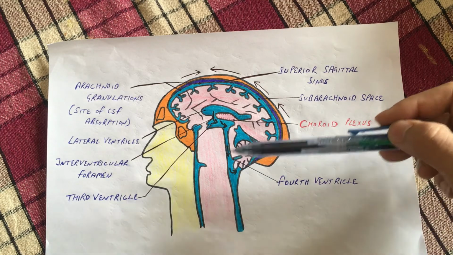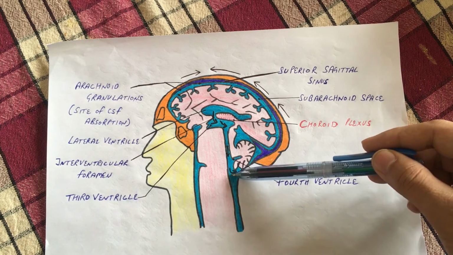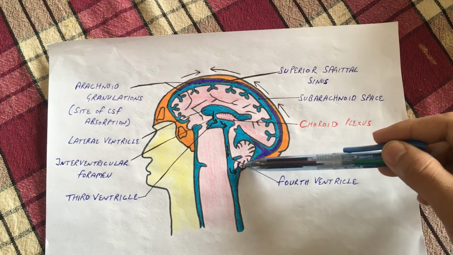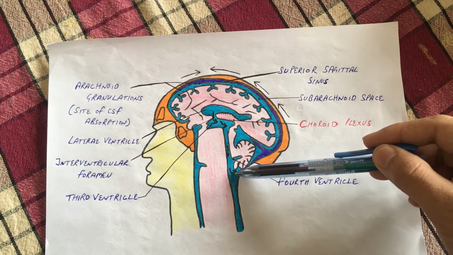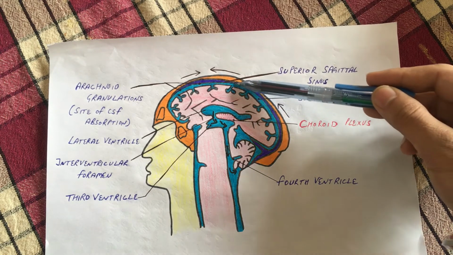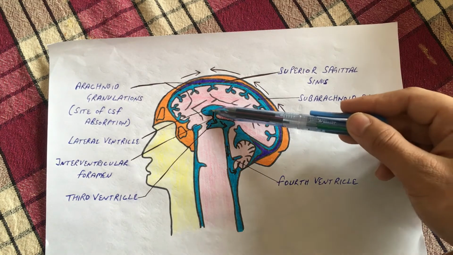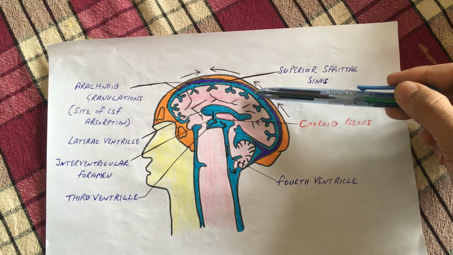From the fourth ventricle, the CSF passes through the medial and the lateral apertures in the roof of the ventricle. This is the roof of the ventricle. From here, it enters into the subarachnoid space. This is the subarachnoid space. It goes like this, then goes upward in the subarachnoid space.